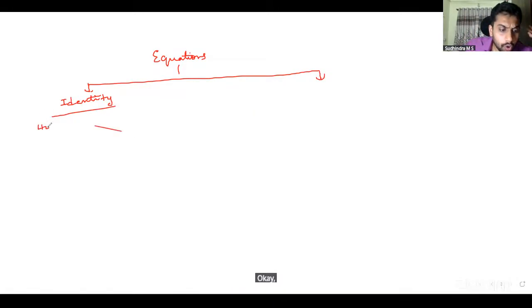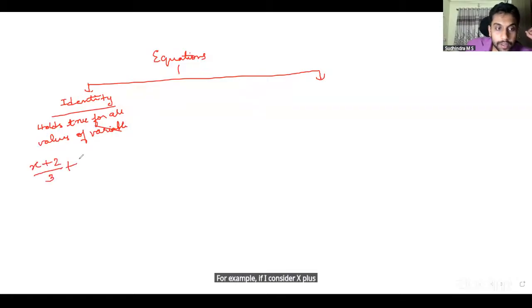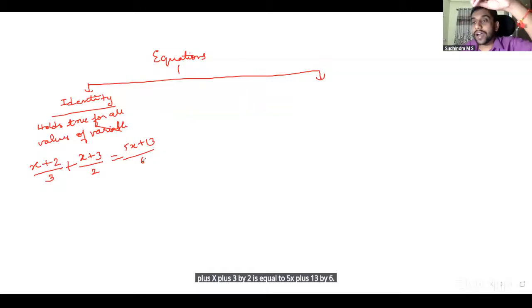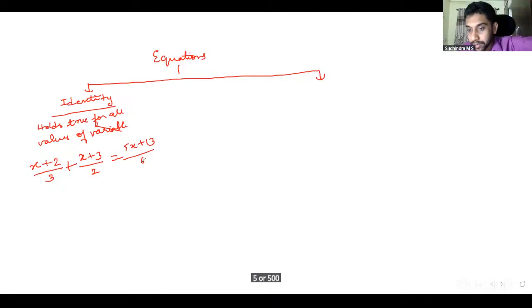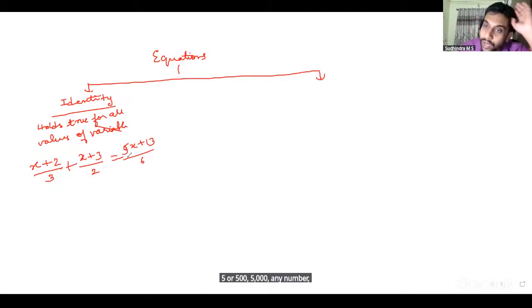This holds true for all the values of the variable. For example, consider (x+2)/3 + (x+3)/2 = 5x/6 + 13/6. You take the value of x as any number, 5, 500, 5000, any number, this equation's LHS will be equal to RHS always. Such an equation is called identity.